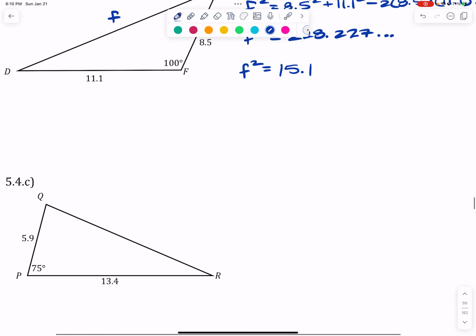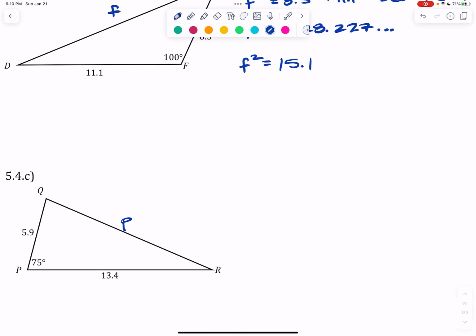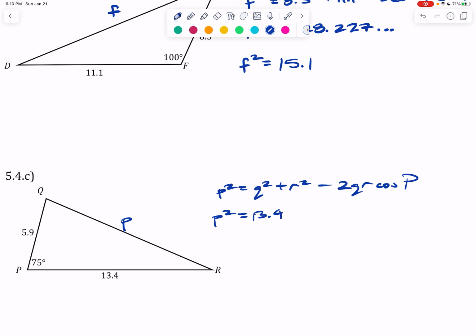Last one here, we are after side P. P squared is q squared plus r squared minus 2qr cos big P. P squared is, q is 13.4, r is 5.9.